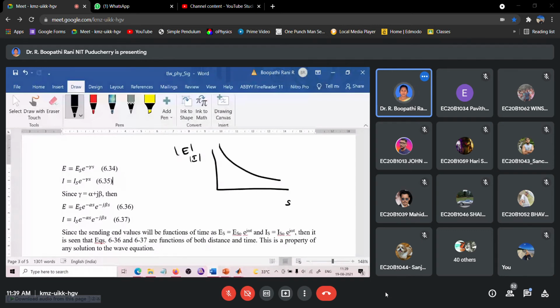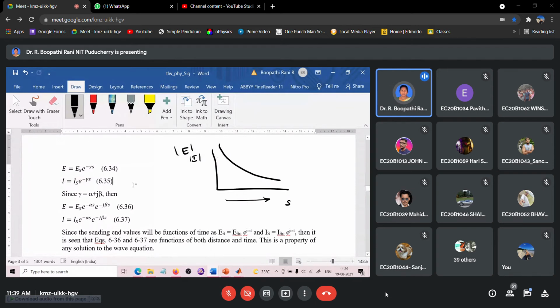As we have just seen, as S increases, E and I were decreasing with respect to ER, IR.